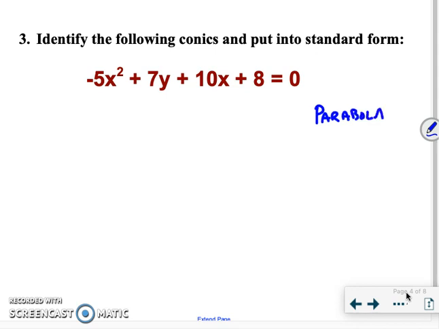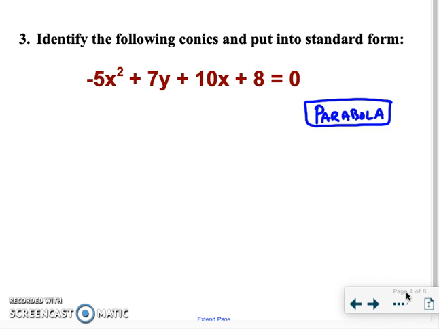So our 4 choices for a conic section are parabola, circle, hyperbola, and ellipse. Remembering, of course, that the reason I know that this is a parabola right off the bat is that there's only one squared term. If there was an x squared and a y squared, then it wouldn't be a parabola. It's just that simple.